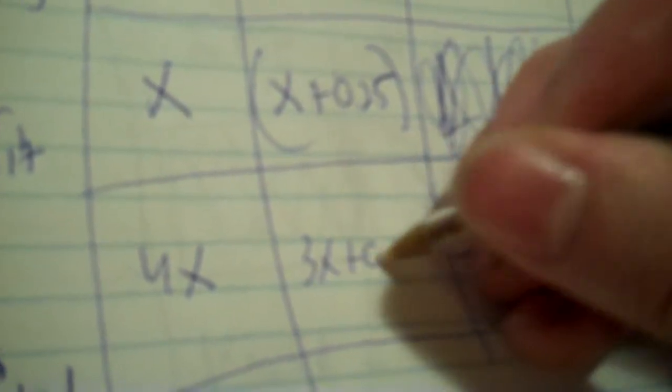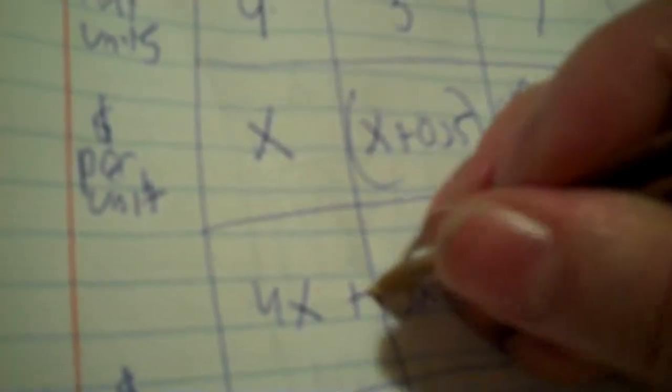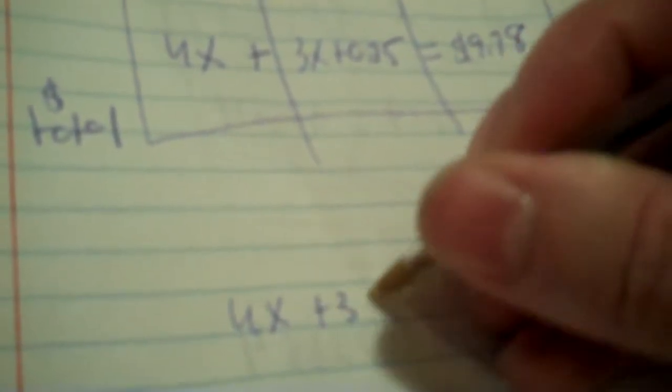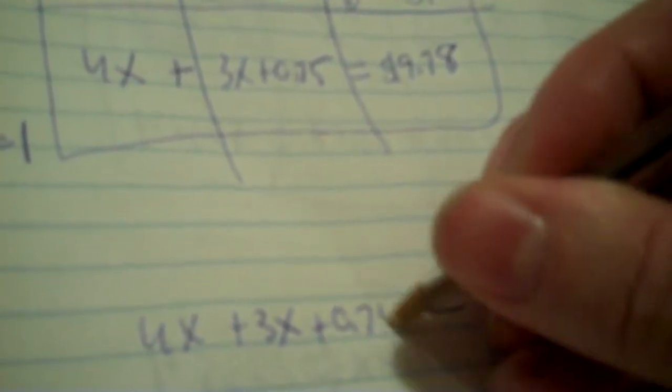So 3 times 1x is 3x. 3 times 0.25 is 0.75, okay? So it's 3x plus 0.75. So again, if you see a plus in a box, you need to put parentheses, okay? So you just need one equation, 4x plus 3x plus 0.75 equals 9.78.